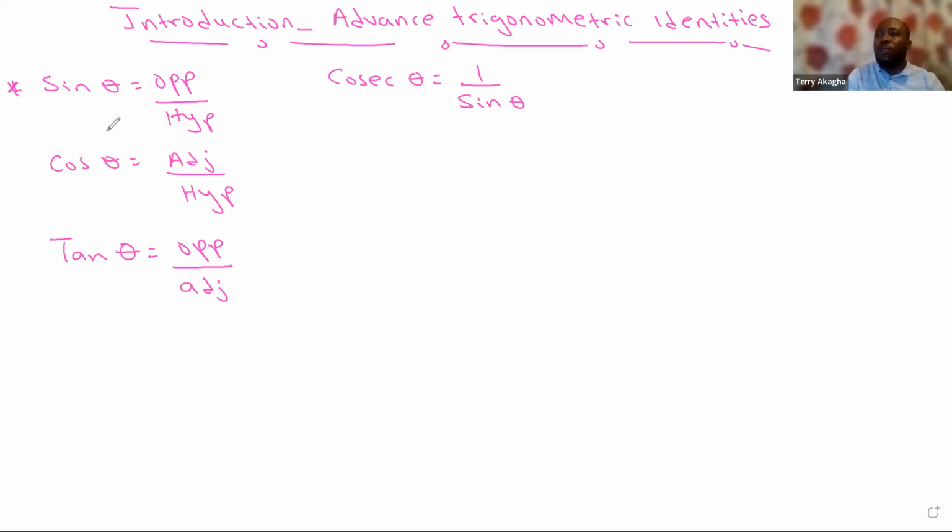Now, the inverse of cos theta is sec theta, so sec theta is equal to 1 over what? Cos theta. And another one I talked about was the inverse of tan theta, which is cot theta. 1 over what? Tan theta.